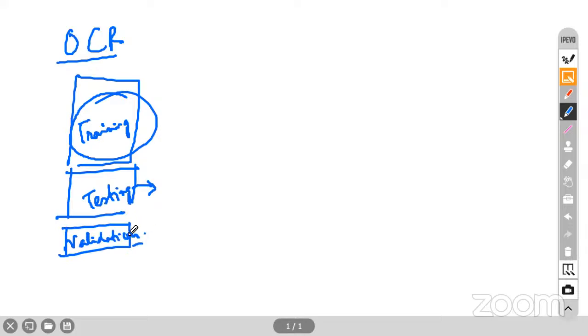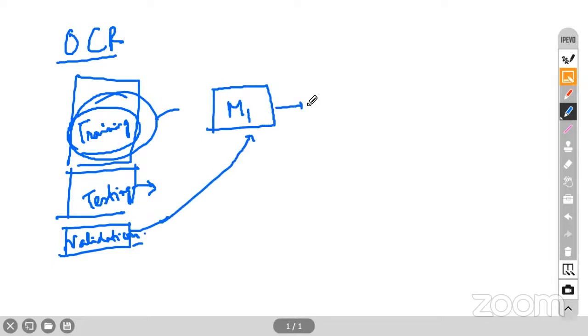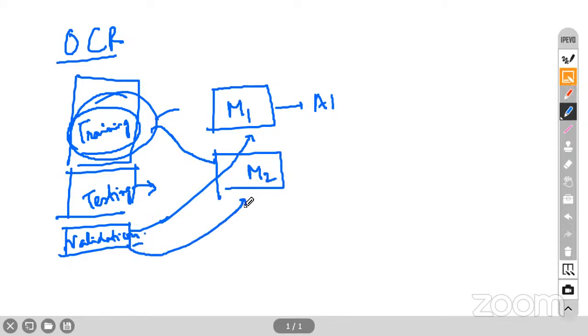The purpose of the validation data set is this: when you train on the training data set, how will you know which model or architecture is the best? You use the validation data set for testing. For example, from the training data you create a model M1, test with the validation data set, and get accuracy A1. Then you create another model M2, test it, and get accuracy A2.